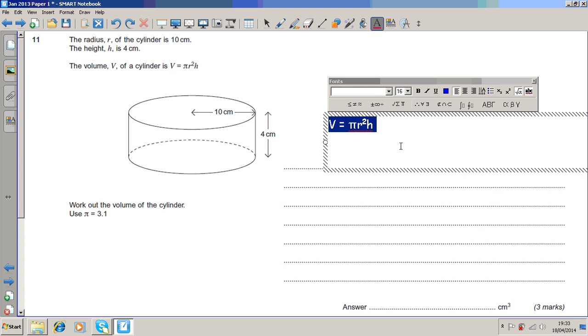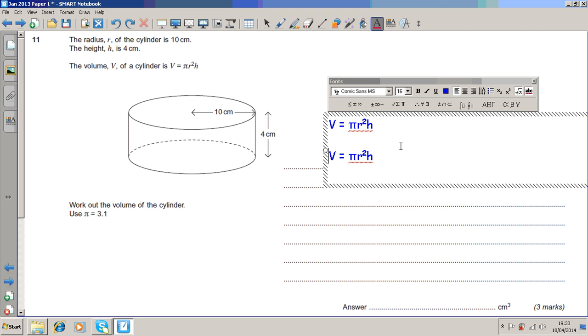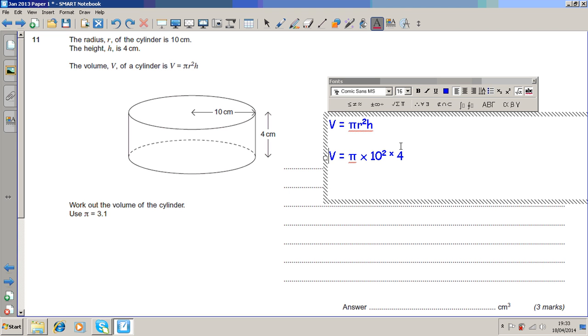So what we're going to do is put our numbers into that. So the radius is 10, so pi times 10 squared times by the height, which is 4. Now it's also told us that pi is equal to 3.1, so I'm going to pop that into there as 3.1.